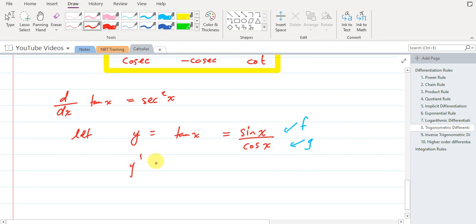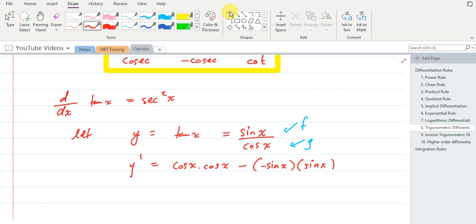So I want to find the derivative. The derivative of sine x is cos x, leave the denominator, times cos x, minus the derivative of cos x, which is negative sine x, and leave the numerator, which is sine x, all over the denominator squared, and the denominator squared is cos squared x.